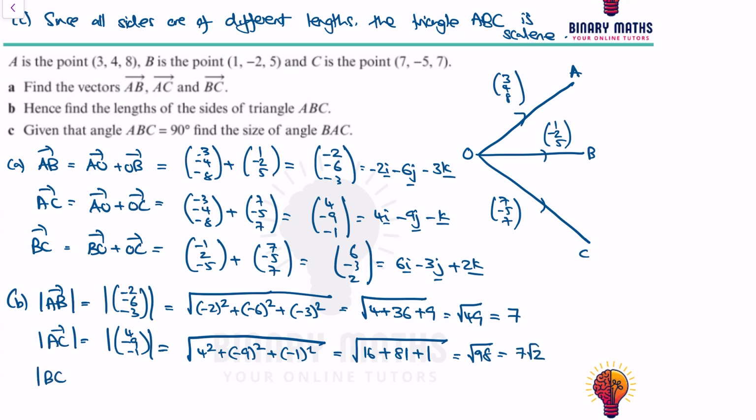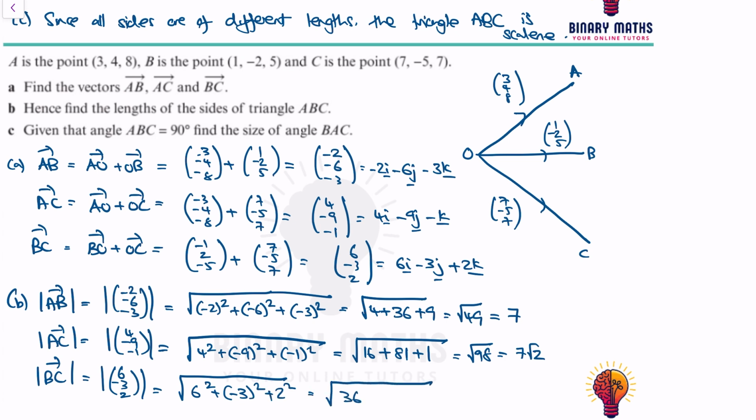And the magnitude of BC is equal to the magnitude of (6, -3, 2), which is the square root of 6 squared plus (-3) squared plus 2 squared, which is 36 plus 9 plus 4, which is the square root of 49, which is 7.